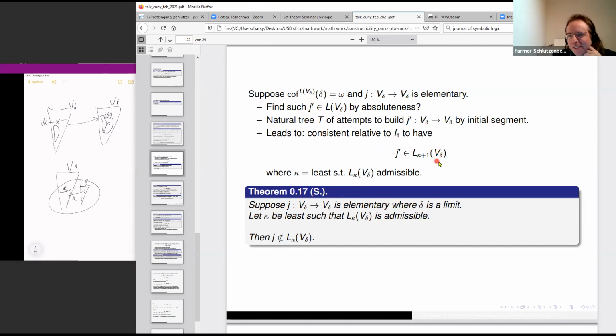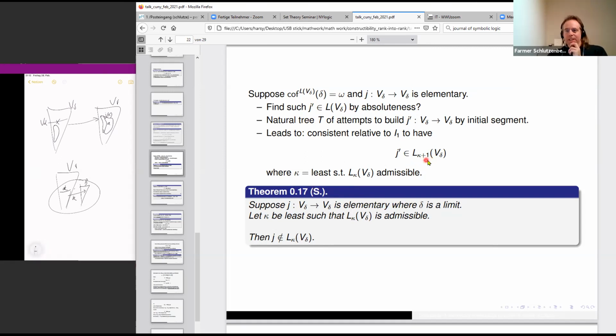The only way that I know to get that, though, is that V delta models ZFC, and in fact models V equals HOD, and so L of V delta in that case models the axiom of choice, and you only get an I3 embedding of V delta into itself. I don't know any examples where L of V delta doesn't model choice and there is anything beyond an I3 embedding in L of V delta.